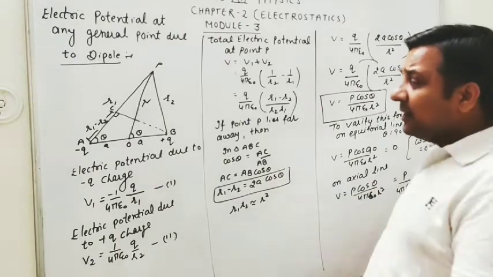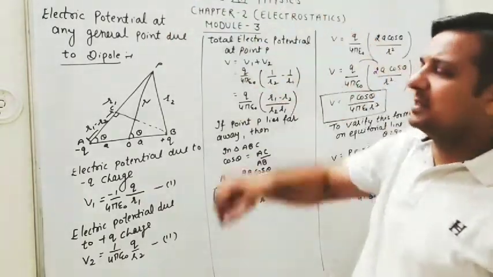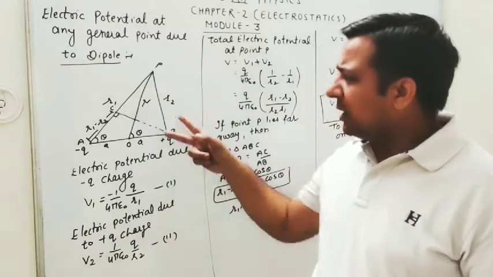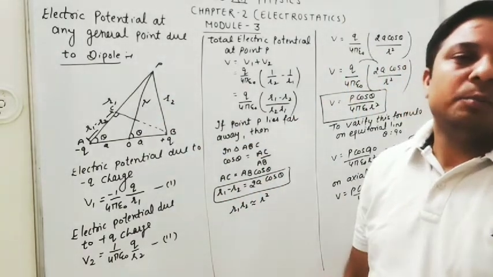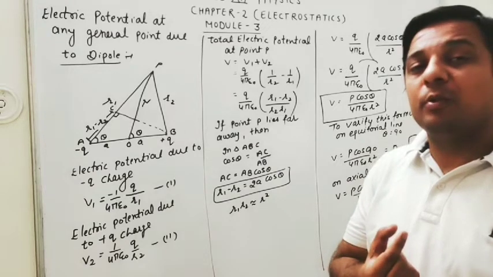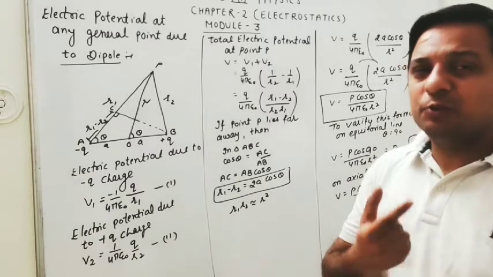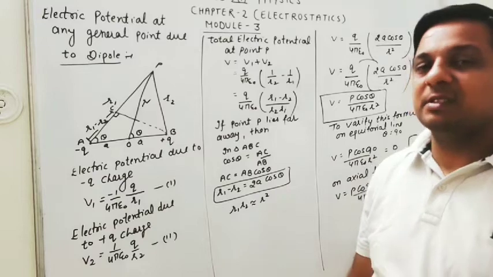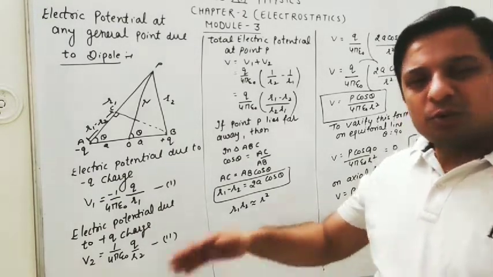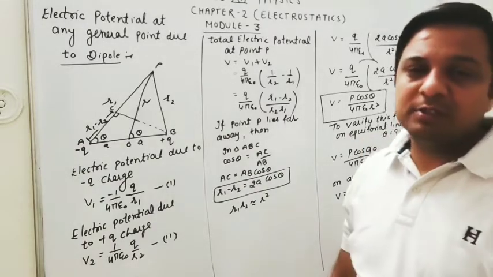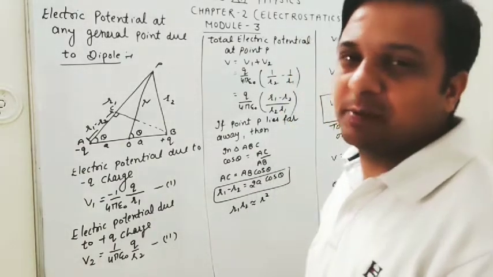But when this point lies at a far distance, we draw a perpendicular, and they are almost equal, not 100% equal, because the size of the dipole is very small, so you can't expect 100% accuracy in this topic. In another method where we use binomial expansion, there is also not 100% accuracy.